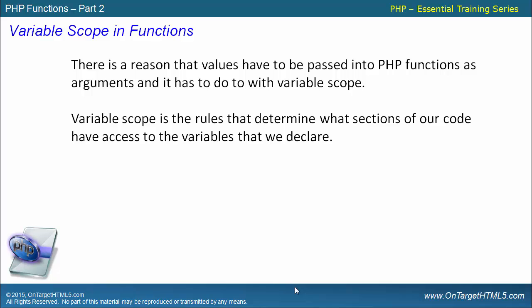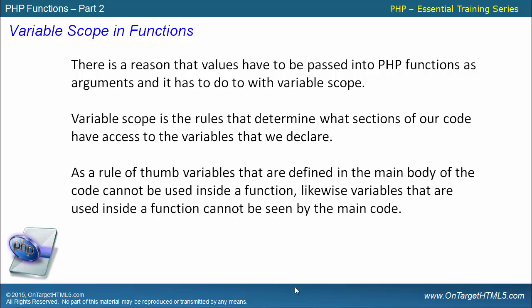Variable scope is the rules that determine what sections of our code have access to the variables that we declare. As a rule of thumb, variables that are defined in the main body of the code cannot be used inside a function. And likewise, variables that are used inside of a function cannot be seen by the main code.